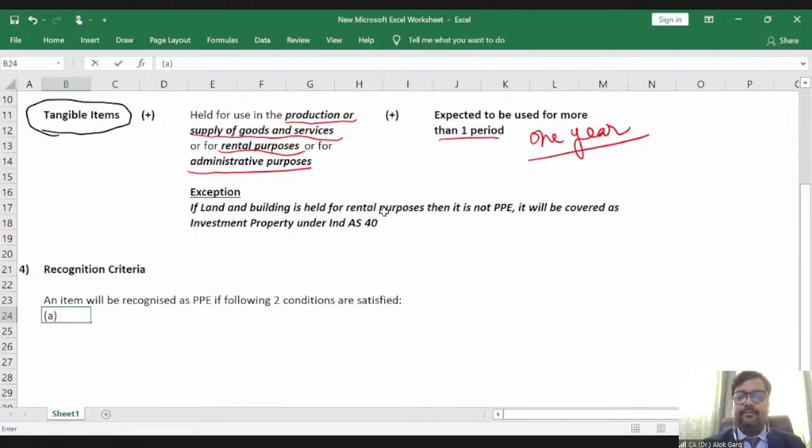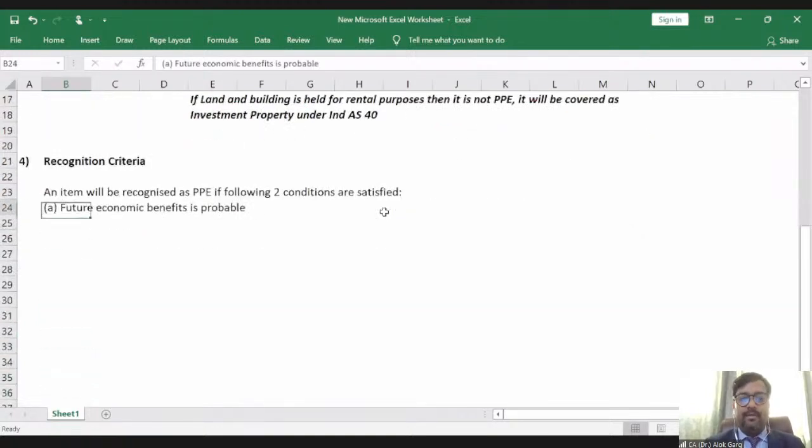Number A, future economic benefit is probable.